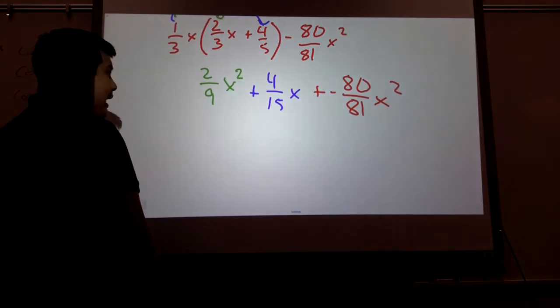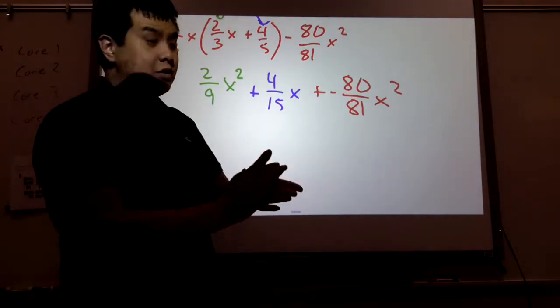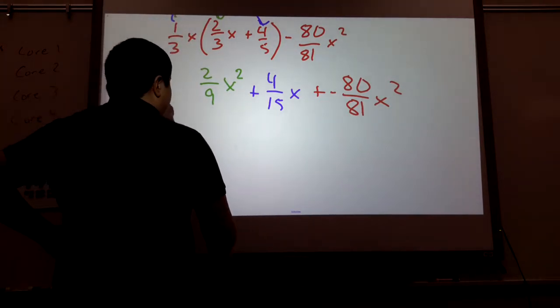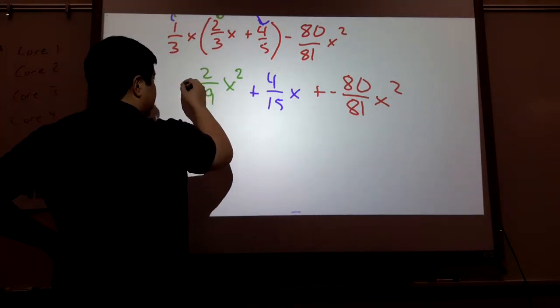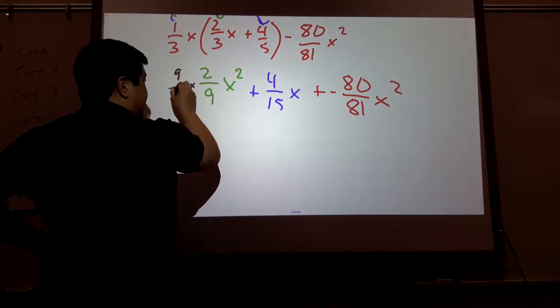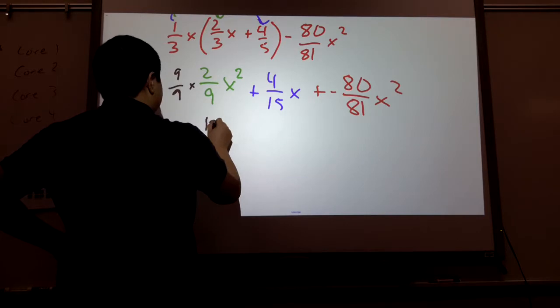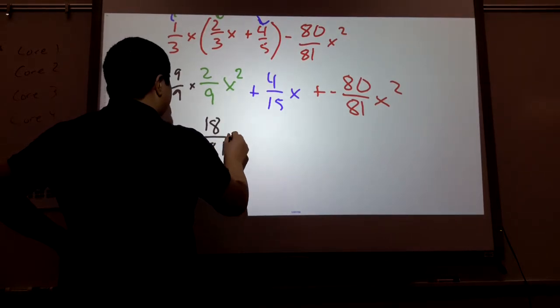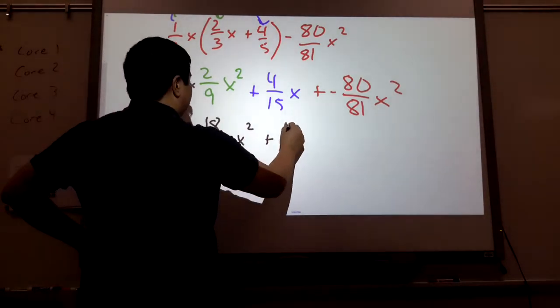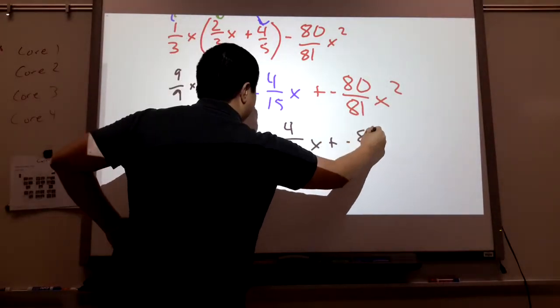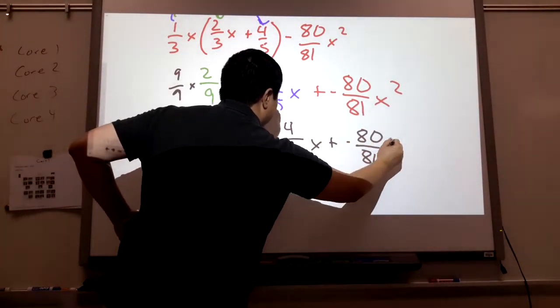So in order to add these terms, we're going to have to get common denominators. So we'll have to multiply by 9 over 9 to get 81 as our common denominator. 18 over 81 x squared plus 4/15 x plus negative 80 over 81 x squared.